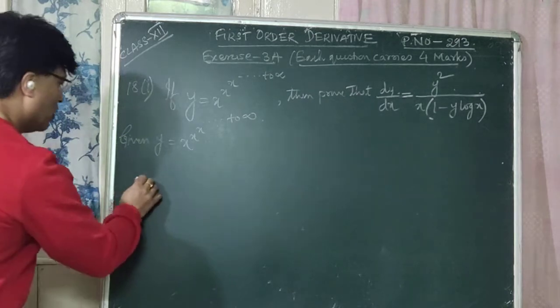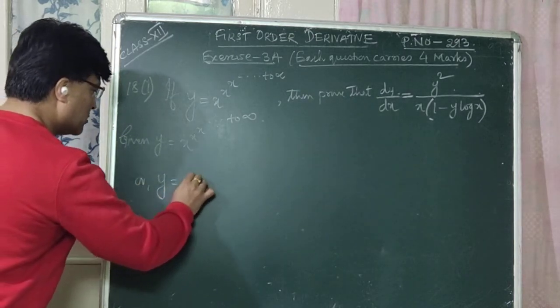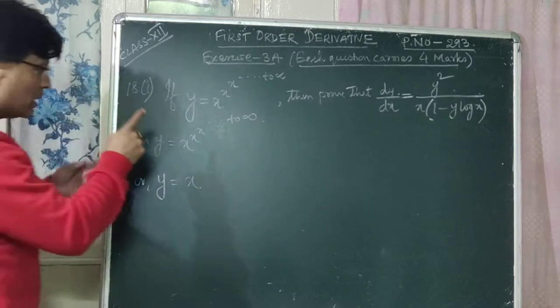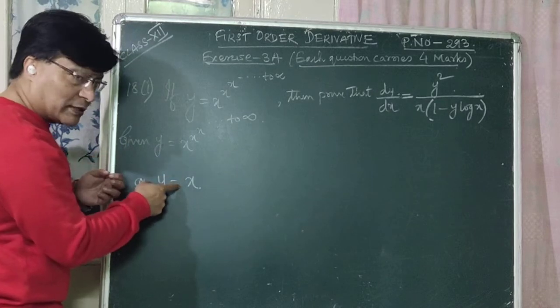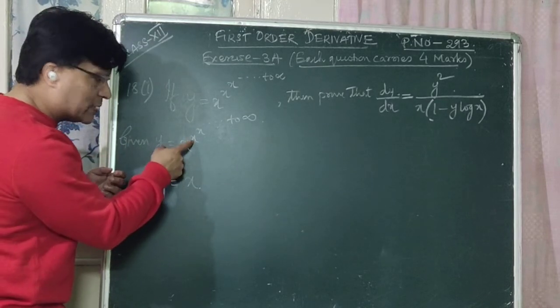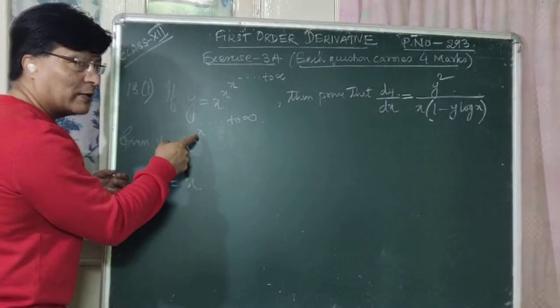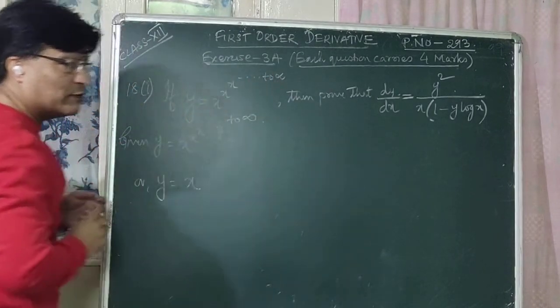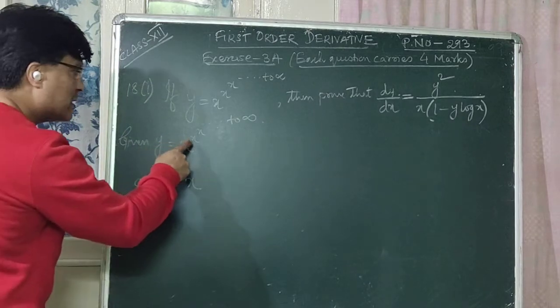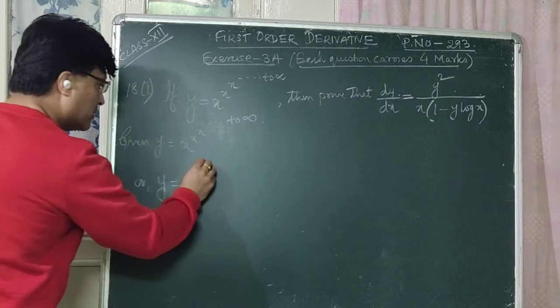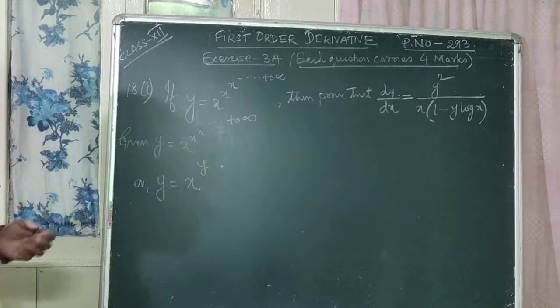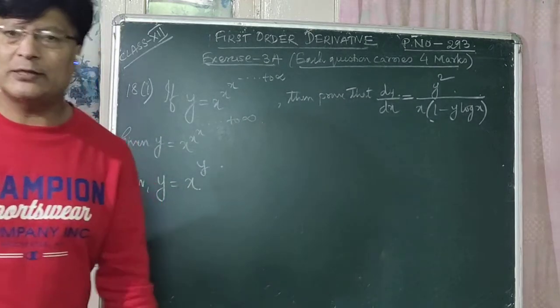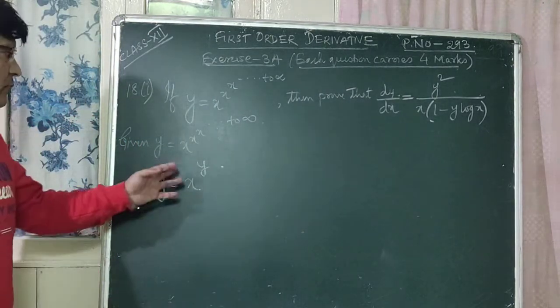In this case, y is equal to x to the power, and again x to the power x, which never ends, goes up to infinity. Instead of that value you can write y here, that is you can write x to the power y, that is y is equal to x to the power y.